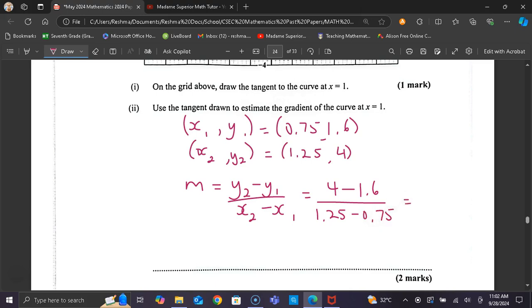Just using our calculators, 4 minus 1.6 is 2.4, 1.25 minus 0.75 is 0.5, and 2.4 divided by 0.5 will give 4.8. So the gradient of our tangent is 4.8.